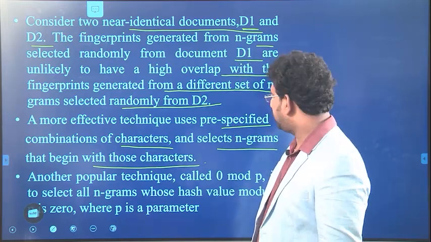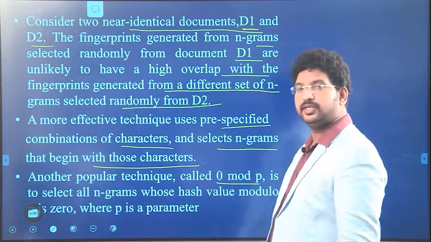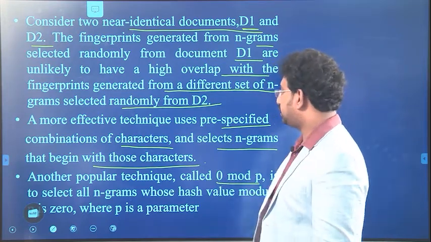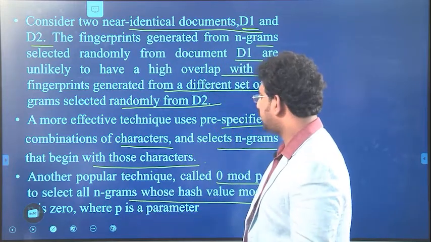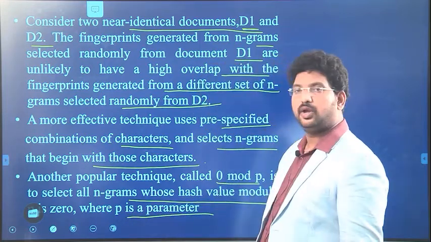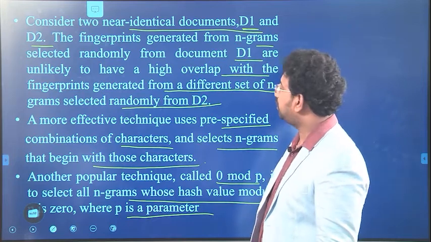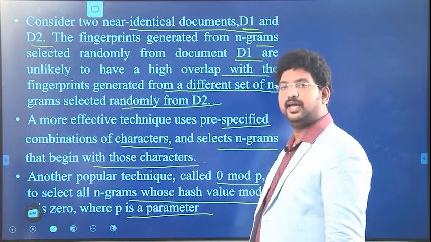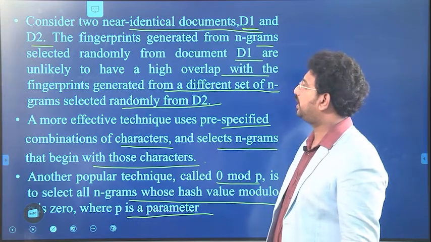Another popular technique is called zero mod p. Zero mod p selects all the n-grams whose hash value modulus p is 0, where p is the parameter. You apply this process, generate the fingerprints, and accordingly compare the two documents.